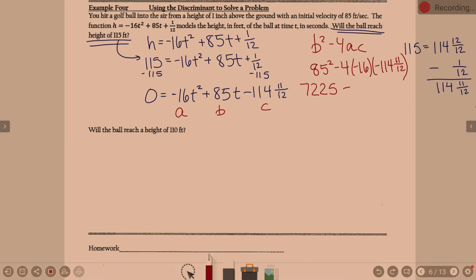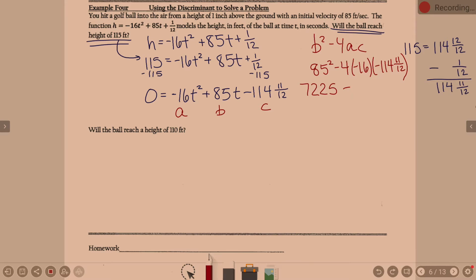I know some of you mess with putting the negatives down on the calculator, but I don't. 4 times 16 times 114, and then I use my ABC button, the fraction button. So 114, ABC button, 11, ABC button, 12ths. I believe that will work as 114 and 11/12ths.